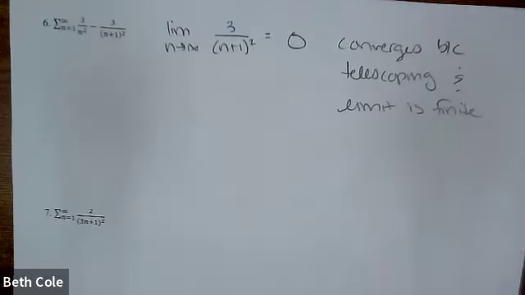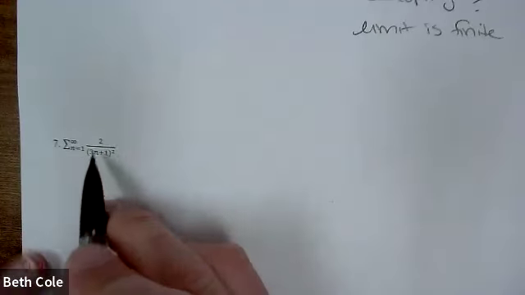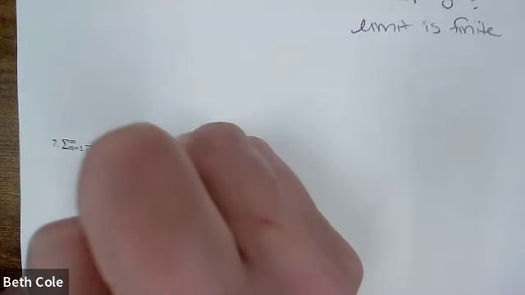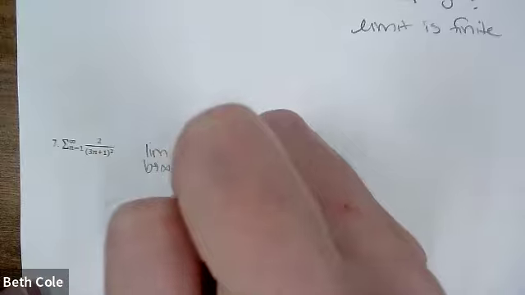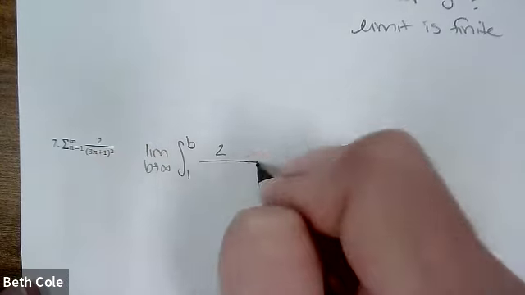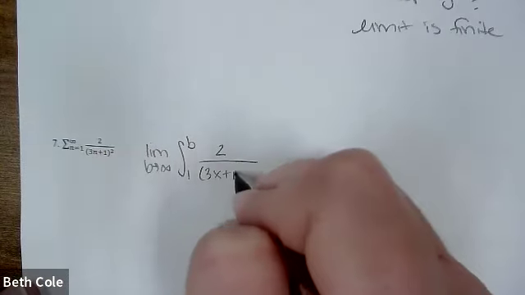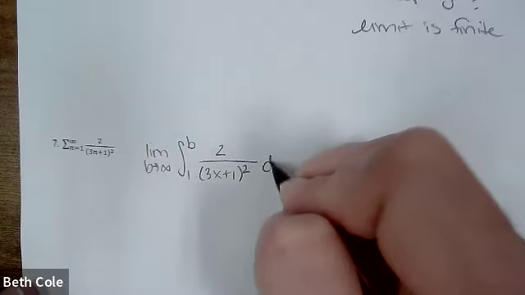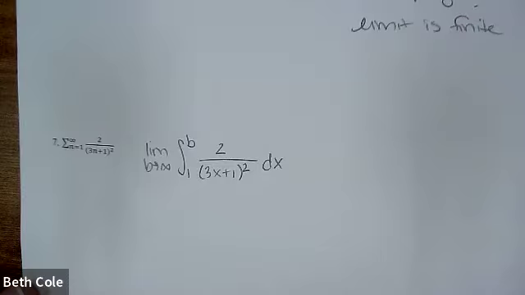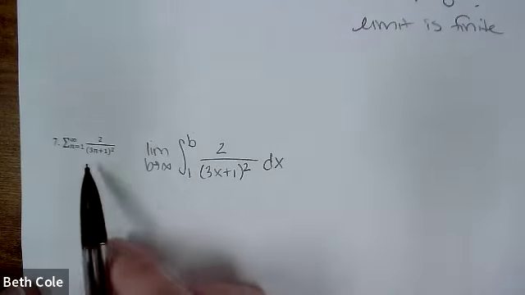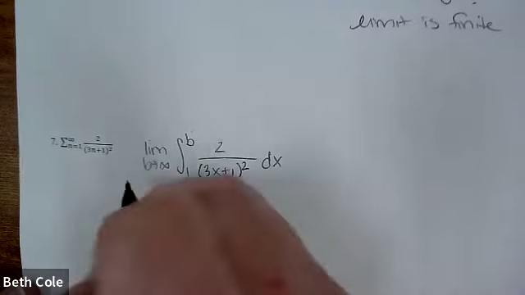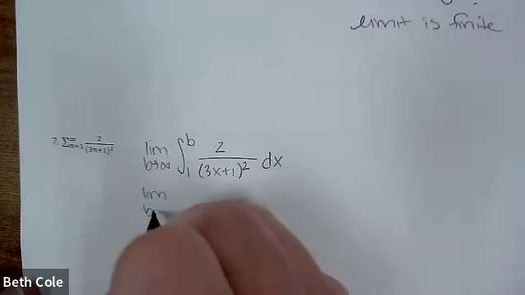All right, and then last one, we are going to do an integral test for this. So I rewrote it with x instead of n. And we're going to do the limit as b goes to infinity, integral 1 to b. So I'm going to keep my limit here.